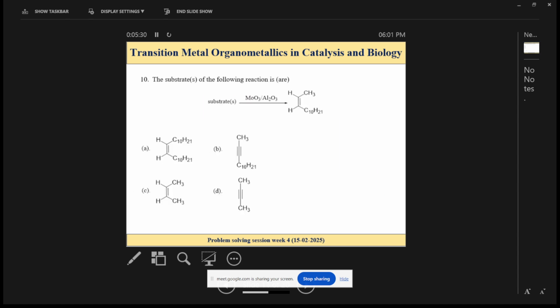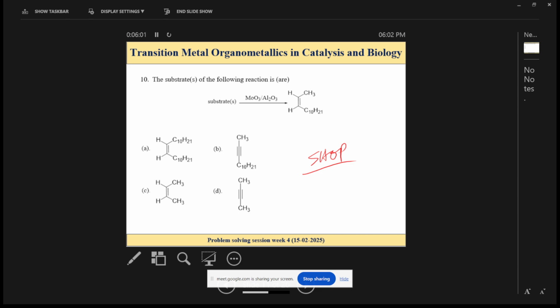The next question is about the SHOP process, higher olefin polymerization, the SHOP process. Now the substrate of the following reaction is or are.